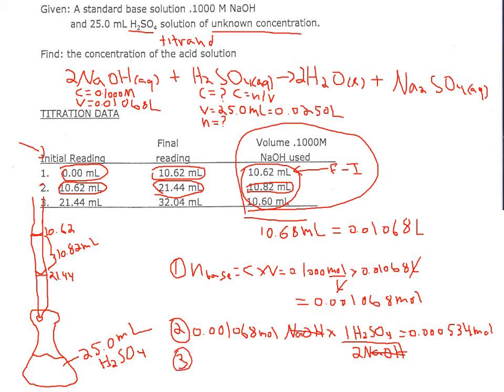And lastly, I do my concentration calculation. C is equal to n over V, which is equal to 0.0000534 moles over our volume, which was 0.0250 liters, or 250 liters, sorry.